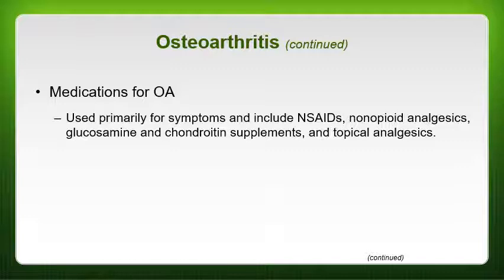So again, we have NSAIDs, your non-steroidal anti-inflammatory drugs, your non-opioid analgesics like Tylenol, acetaminophen, and glucosamine and chondroitin supplements. Glucosamine is a nutraceutical that can assist with pain and inflammation relief and possibly cartilage production. The research on glucosamine and chondroitin is equivocal in humans.